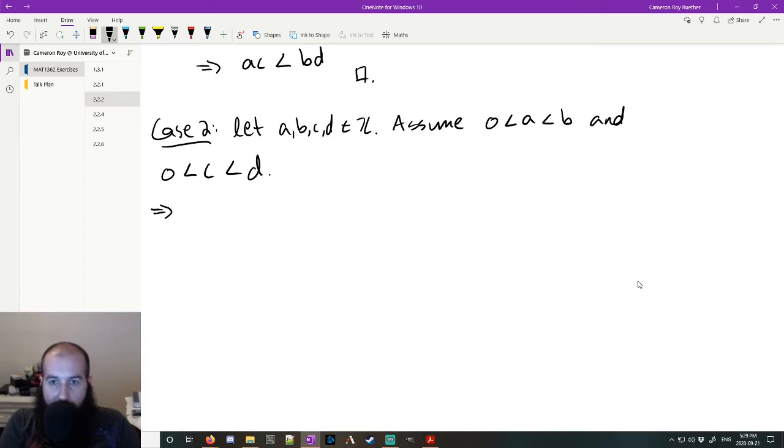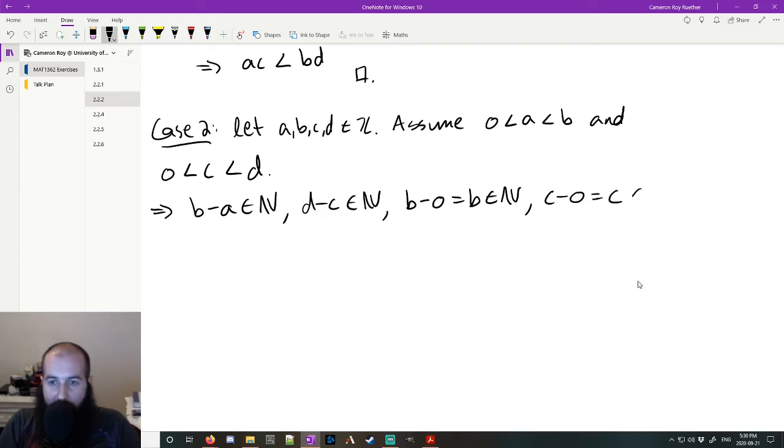This implies that since b is greater than a, that b minus a is natural. Since d is larger than c, it means that d minus c is natural. Because inequality is transitive, this also means that b is greater than 0, which means b minus 0, which is equal to b, is natural. And here c is greater than 0, so c minus 0, which is just c, is natural.